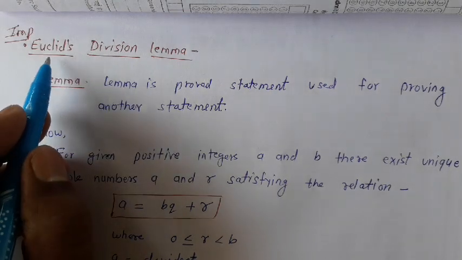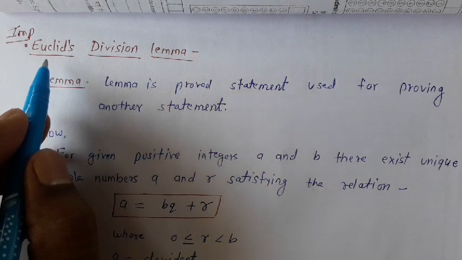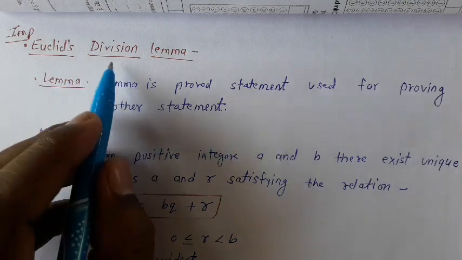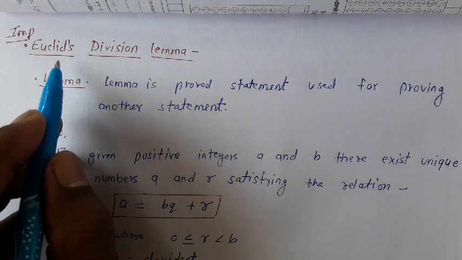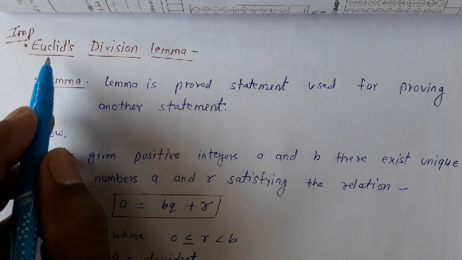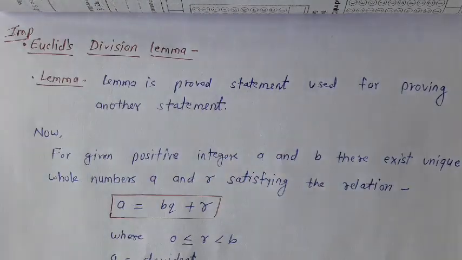Then Euclid division lemma. This is our first important topic in real numbers, Euclid's division lemma. Euclid is the name of a mathematician, and he gave a lemma. It is known as Euclid division lemma.